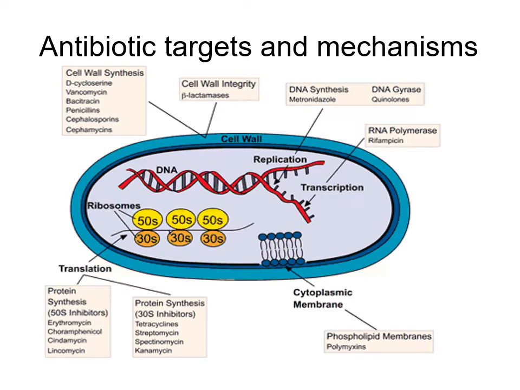So in general about antibiotics, here's a picture of a bacterial cell, and it shows some of the processes that are essential. We've got DNA replication, transcription, translation, and also intact membranes. Okay, so what's mostly used for these cells is antibiotics that target cell wall synthesis and antibiotics that target translation.